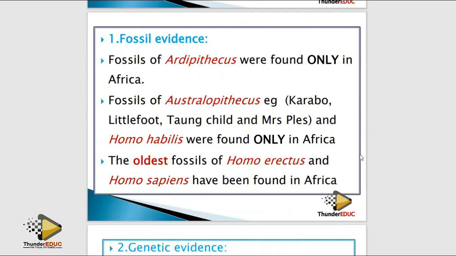Homo habilis were only found in Africa. The oldest fossils of Homo erectus and Homo sapiens were discovered in Africa. This shows that modern humans originated from Africa and migrated to the rest of the world. You see that I even highlighted the key points which you need to know when you're writing in your exam.